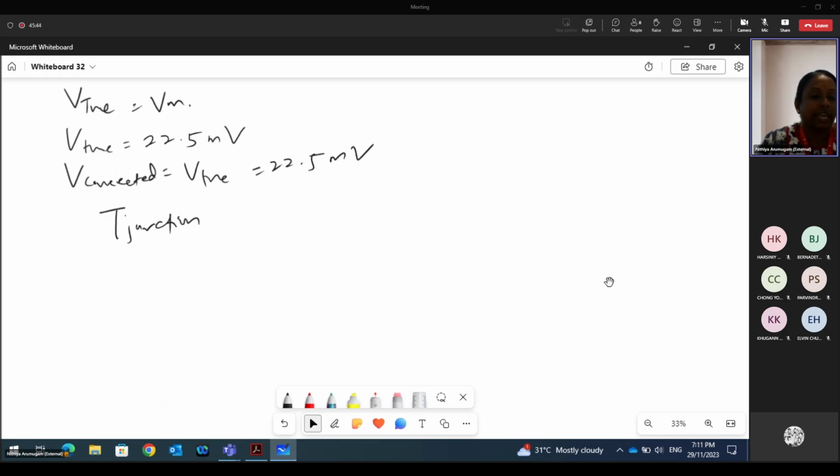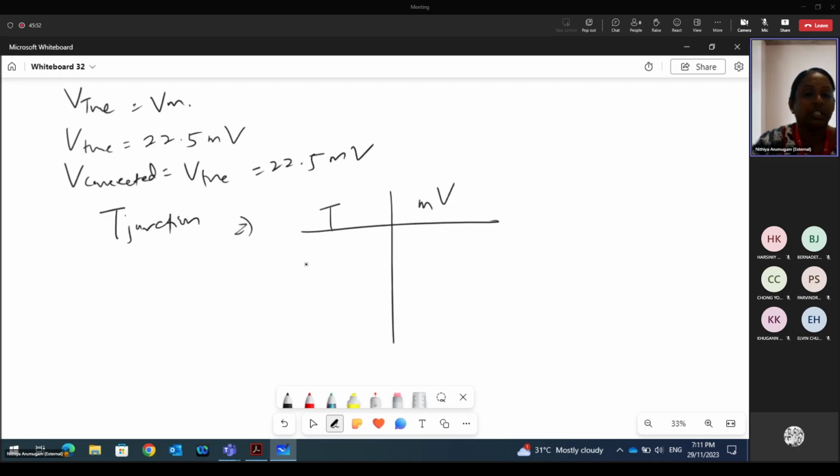So these values can be used for the interpolation of T against milliwatt. At 411 degrees Celsius, the milliwatt is 22.455, and at 412 degrees Celsius, the milliwatt is 22.510. But here our true value is 22.5. So what is the T junction here?